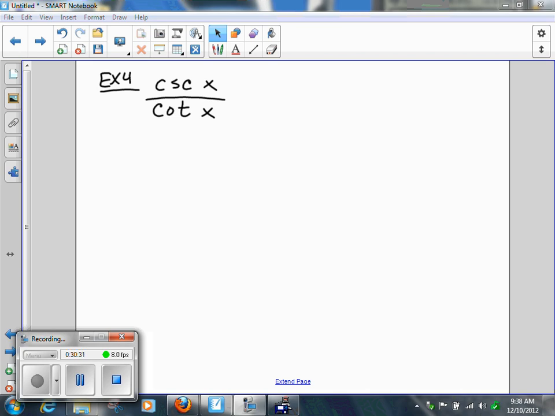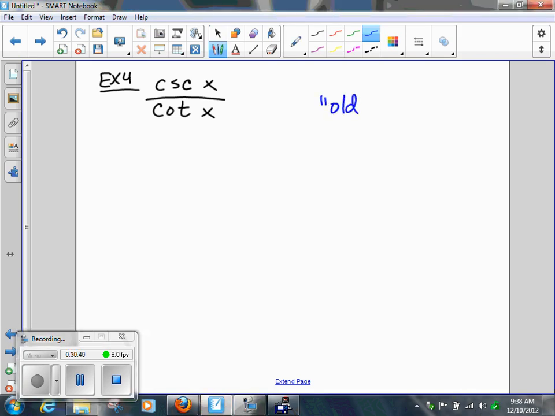But how would I rewrite this? I would go old school. Old school division. Cosecant x over 1 divided by cotangent over 1, right? Okay?